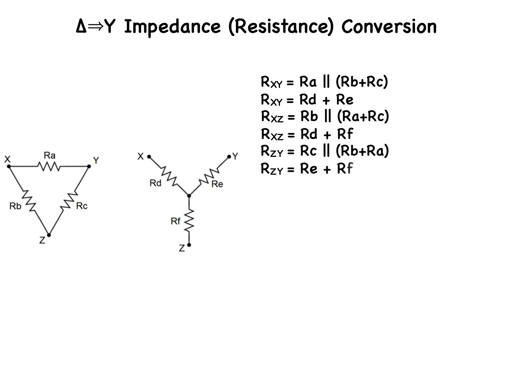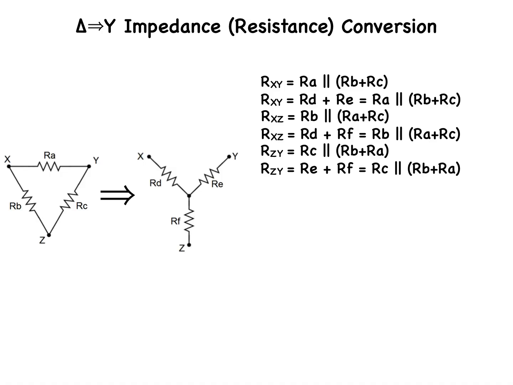Assuming that we convert the delta to the Y equivalent, then RXY will equal RA in parallel with RB plus RC, RXZ would equal RB in parallel with the quantity RA plus RC, and RZY would equal the quantity RC in parallel with RB plus RA.